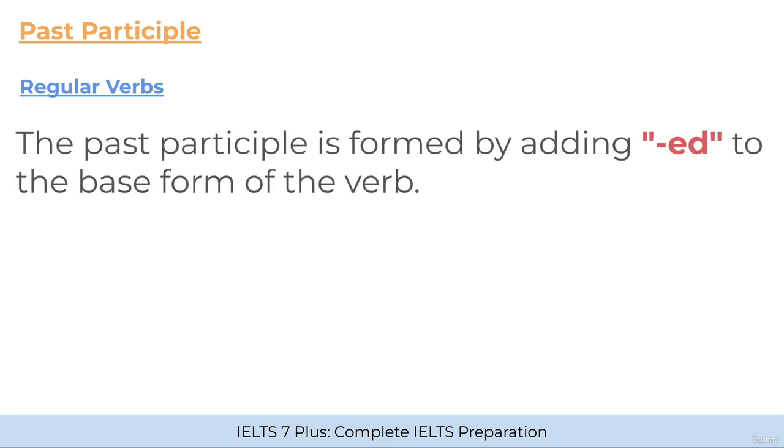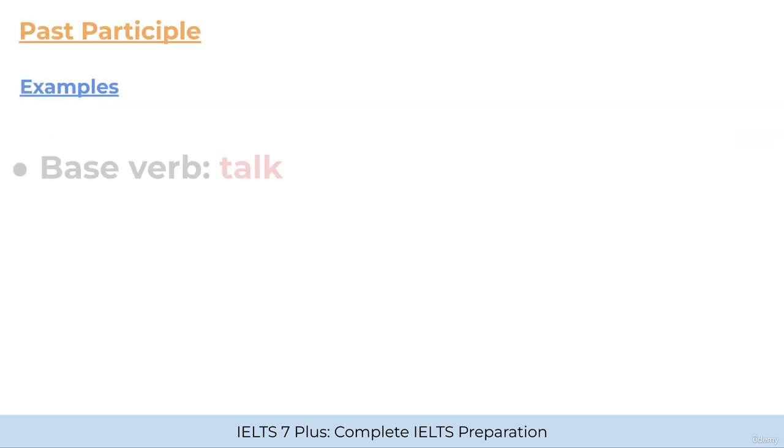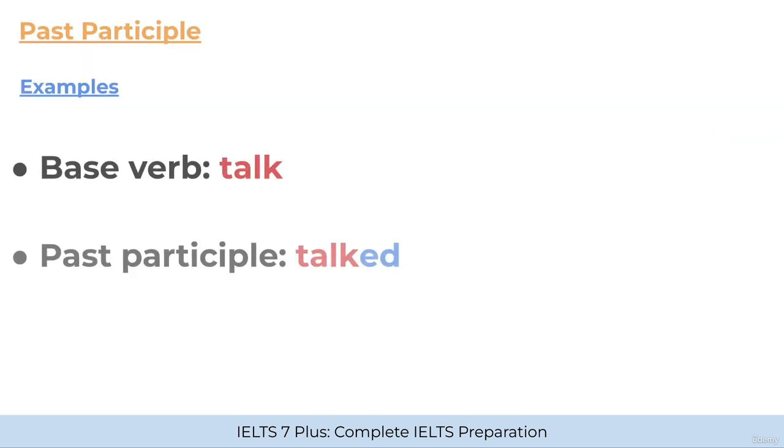In regular verbs, we are forming it by adding ed to the base form of the verb. So we know our base form before the verb has been changed or altered in any way. Then we add this ed. For example, talk becomes talked. Okay, so it's quite straightforward.